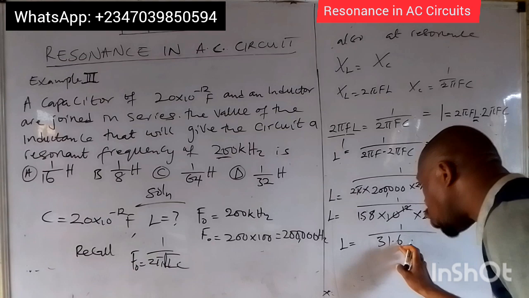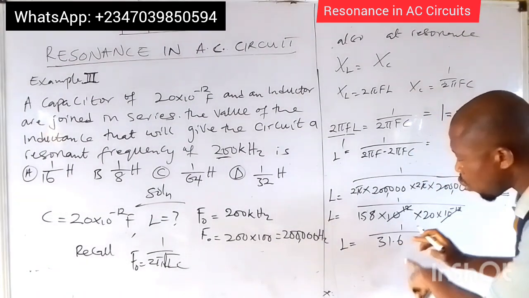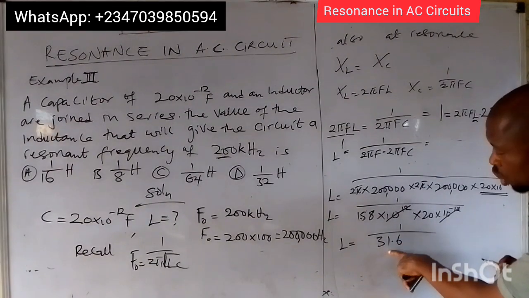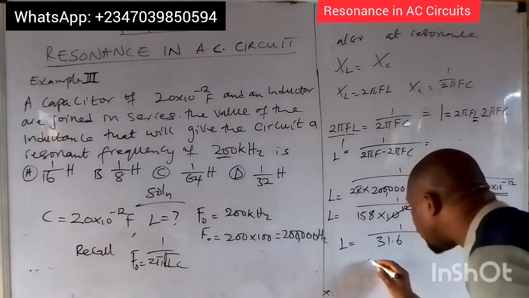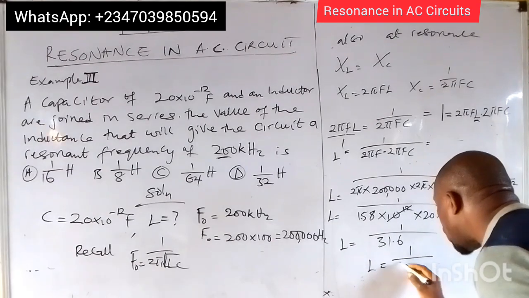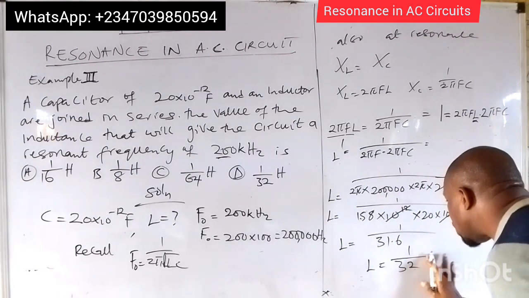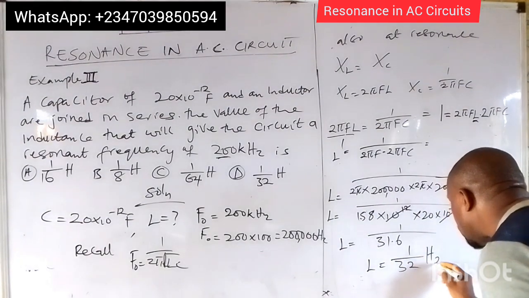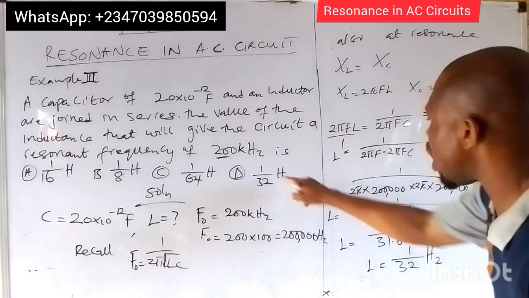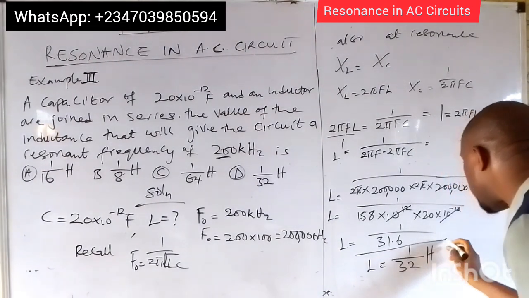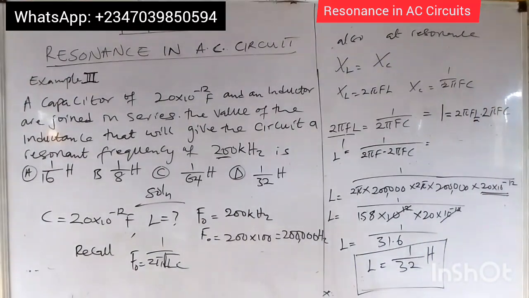Because this is up to half, we can round it up, approximate it to give us 32. Therefore, L is the inverse of 32, in henrys, sorry, henry, please. This is L, in henrys. Now, this is our final answer.